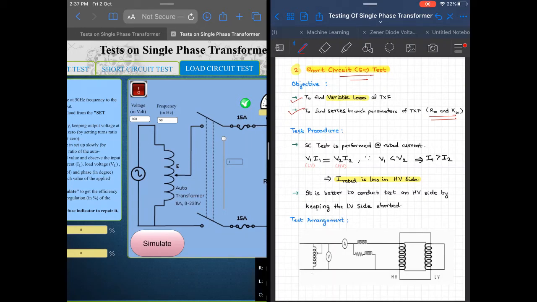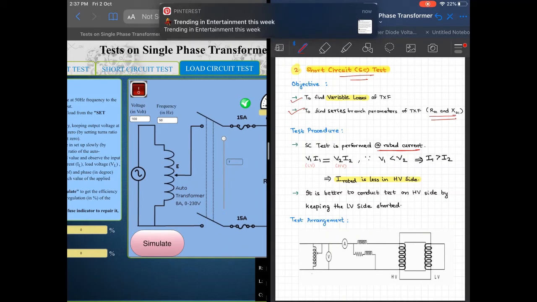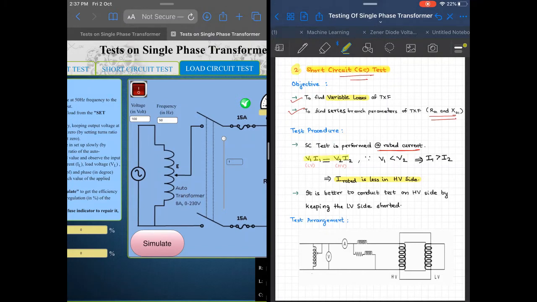The short circuit test is performed at the rated current. Now since the KVA rating is the same on both sides of the transformer, therefore V1 I1 is equal to V2 I2. Suppose this is the low voltage side and this is the high voltage side.